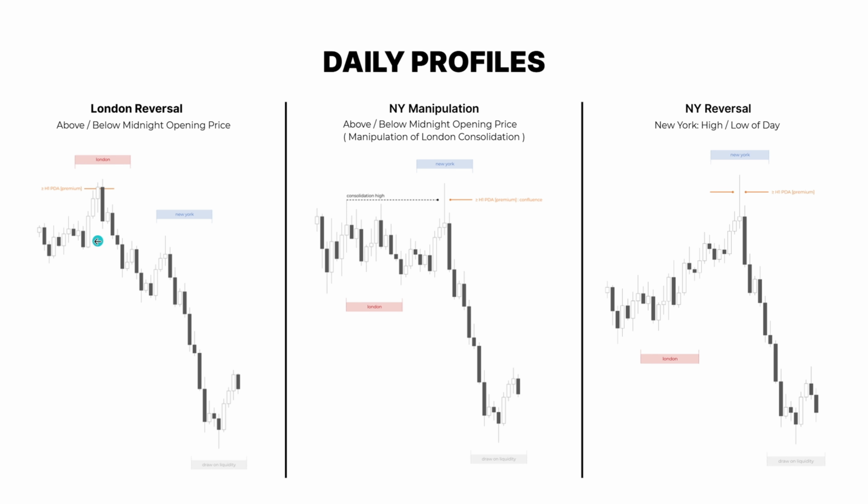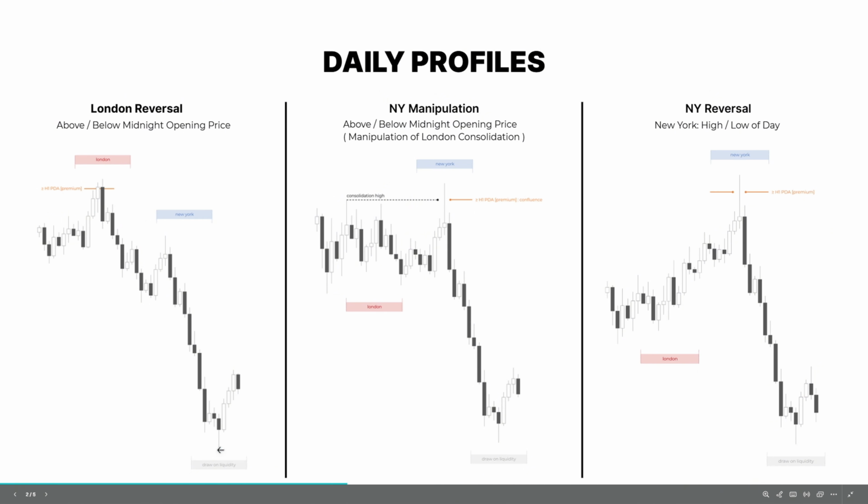So if we go into a premium PD array, we want to see sell side, so we want to see a discount. So with that, New York needs to go low. It's the effect of accumulation, manipulation, distribution. If it makes sense to you.